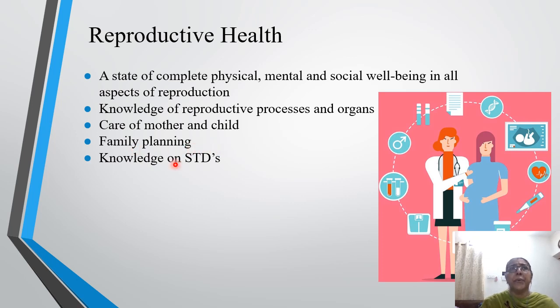For that, certain precautionary measures need to be taken from the government side as well as from the couple side, and that is nothing but family planning. Also, we are going to see some knowledge on STDs, that is, sexually transmitted diseases.